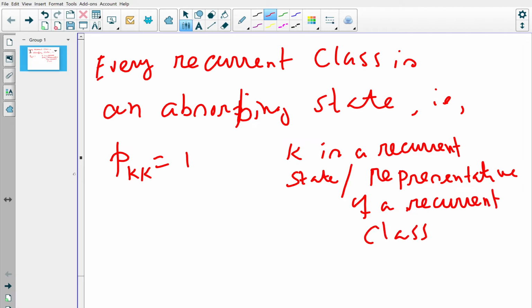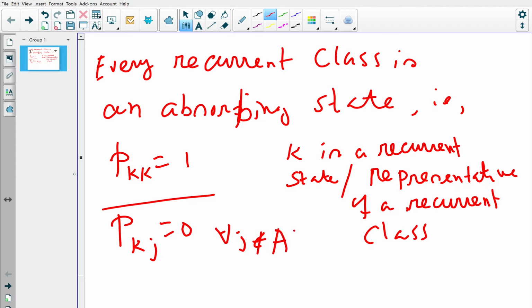Once you are inside k, you will always be inside k. And if you want to go outside, the probability is 0 for all j not belonging to the class of k. If j is outside the class of k, then the probability that you go from k to j is 0. So this is called the absorbing state.